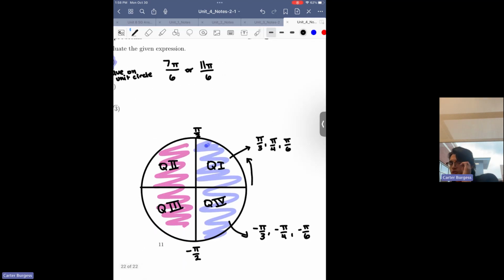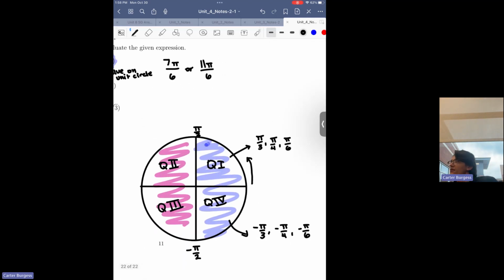Could we use quadrants 1 and 4 as our range for the x values? Does that give us every single possible x value exactly once? So the problem is it gives us every single positive x value twice.